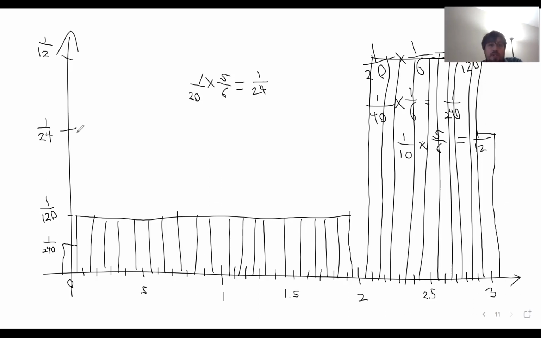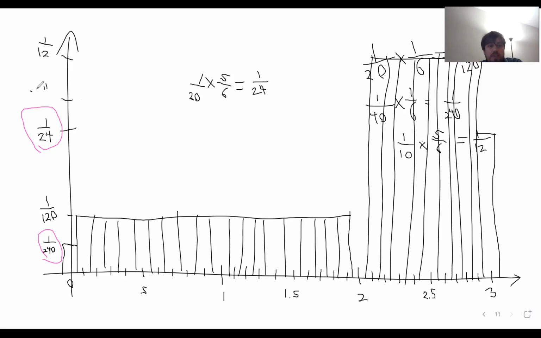I'm going to put a pink thing here and a pink thing here and say that this bar is the sum of those two probabilities. 1 over 24 plus 1 over 240 is the same as 10 over 240 plus 1 over 240, so that's 11 over 240. It's only slightly higher than this one, but I'm just going to exaggerate it.